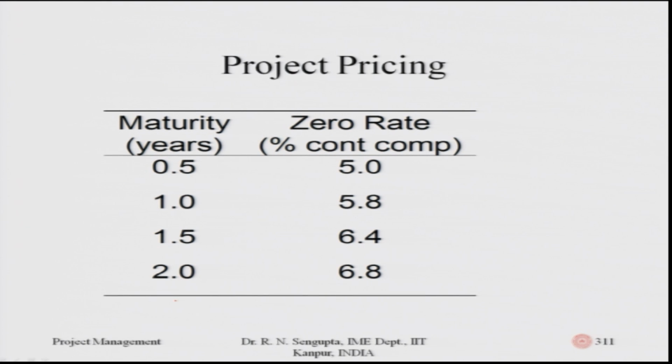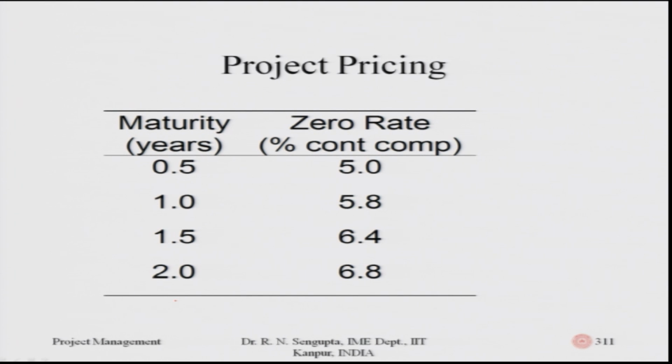If the maturity in years is given starting at January 2017, 6 months would be the middle of 2017, then 1 year would be the end of 2017, 1.5 years would be the middle of 2018, and 2 years would be the end of 2018.